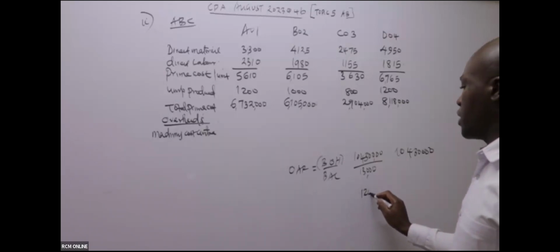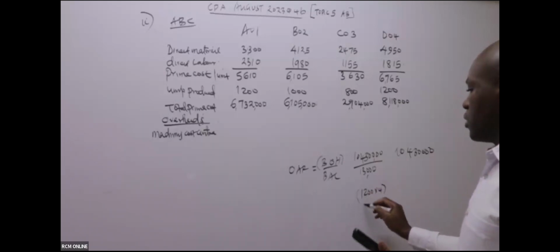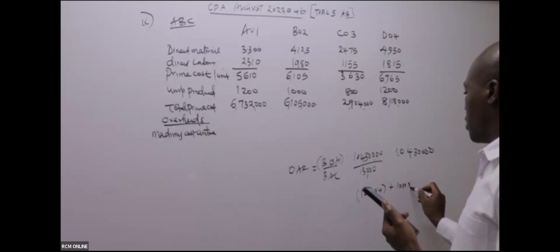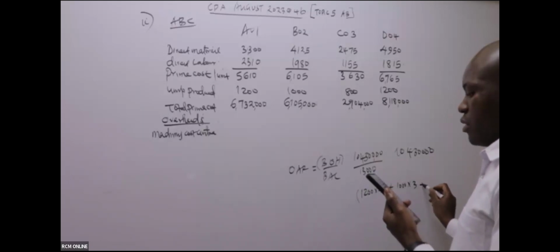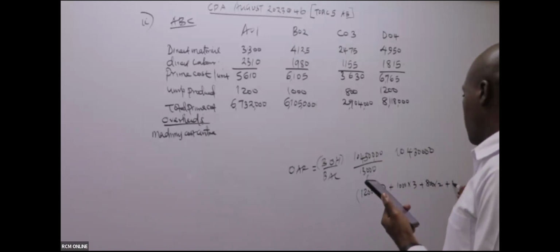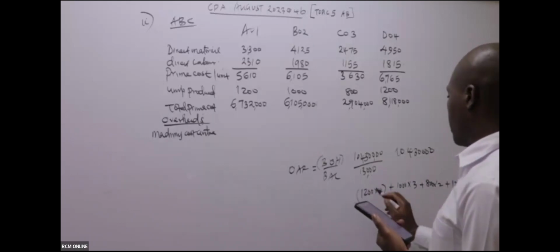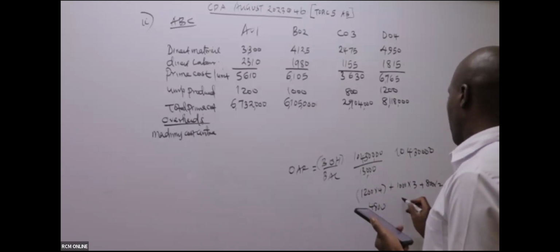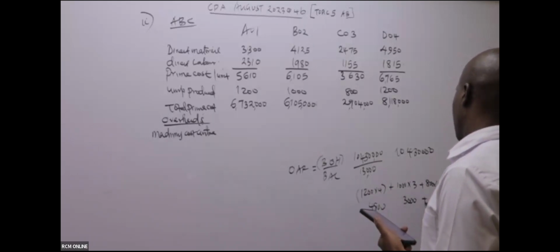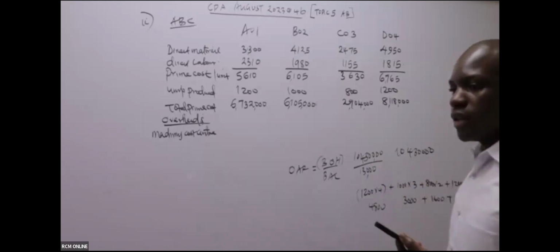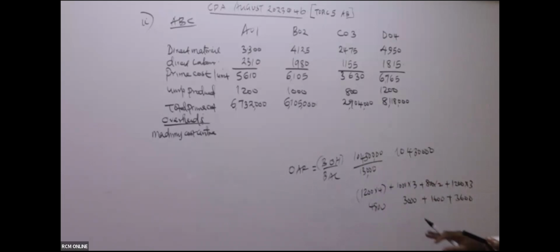It was 1,200 by 4 plus 1,000 by 3 plus 800 by 2 plus 1,200 by 3, which was giving us 4,800, was giving us 3,000, was giving us 1,600, was giving us 3,600, right? So these are the items that are giving us a total of 13,000.